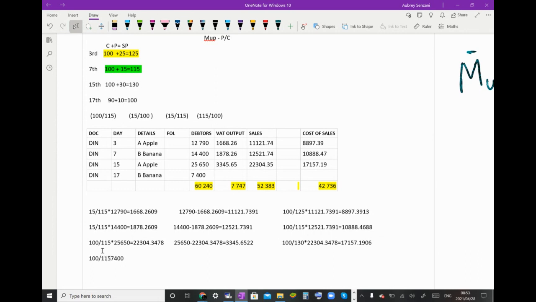What we have is the VAT inclusive. There we go. Plug the VAT exclusive into sales. And then we calculate the VAT.